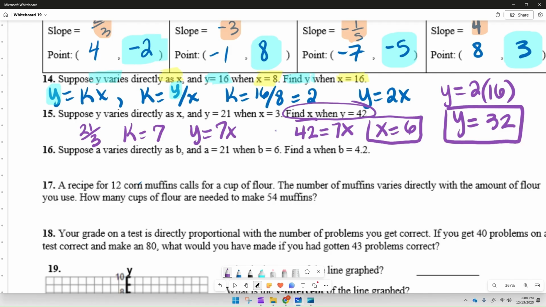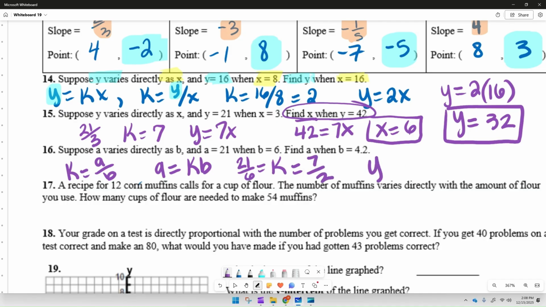All right, number 16, we have A varies directly with B. So that means our k is going to be equal to A over B. So now our equation is going to be A is equal to kB. So now 21 divided by 6 is going to give us our k value. That simplifies to 7 over 2.